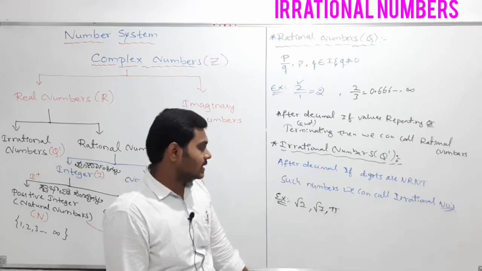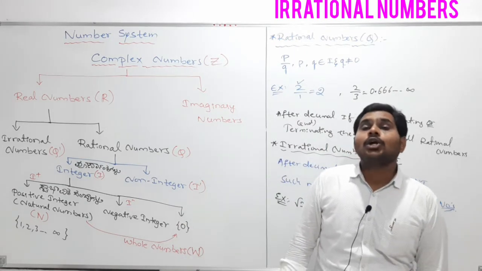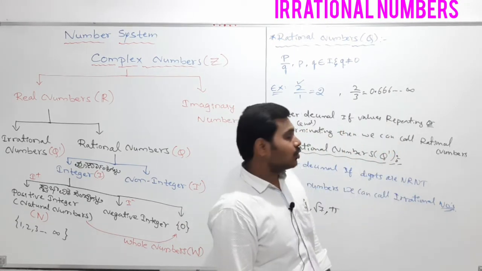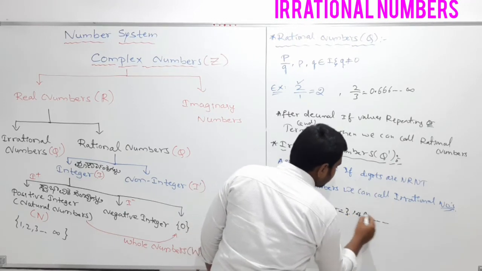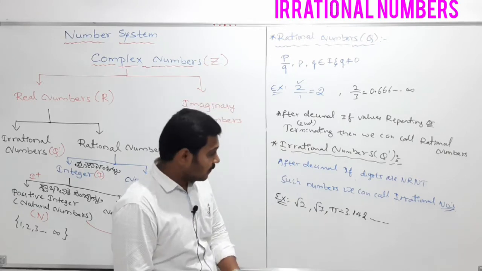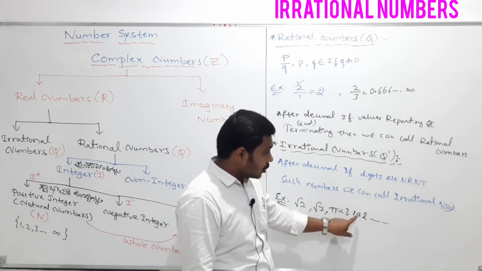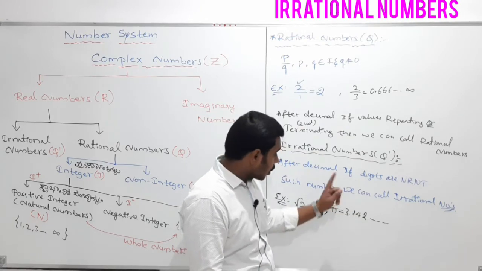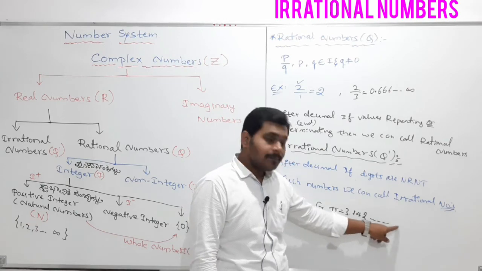If you calculate pi as 22 by 7, you will get 3.142 and so on. So after the decimal, the digits are not repeating and not terminating. The values keep going on.